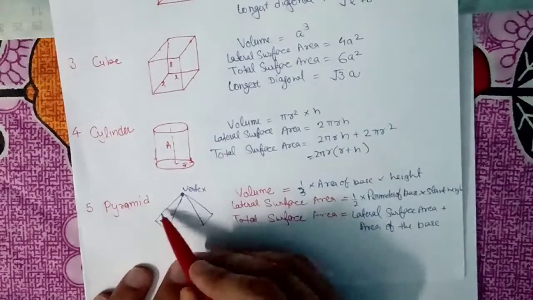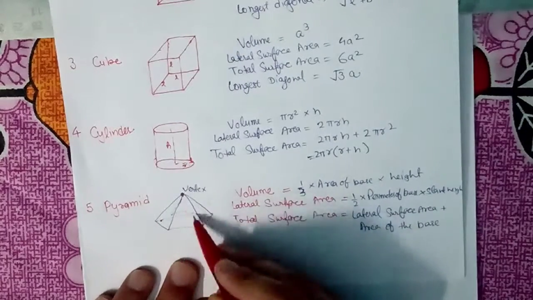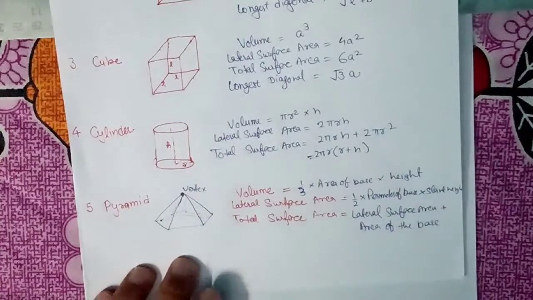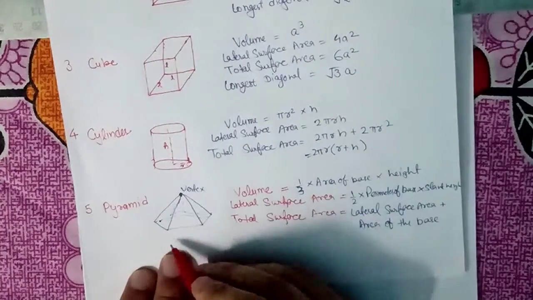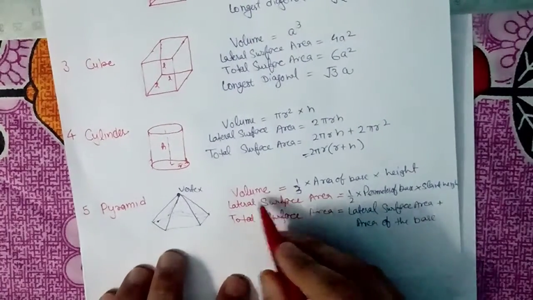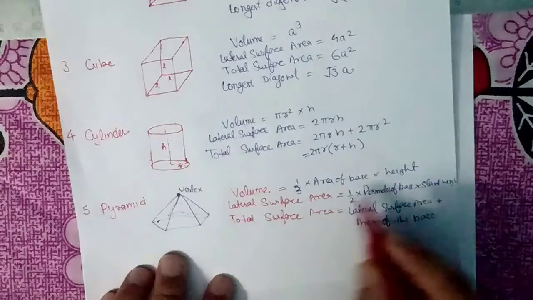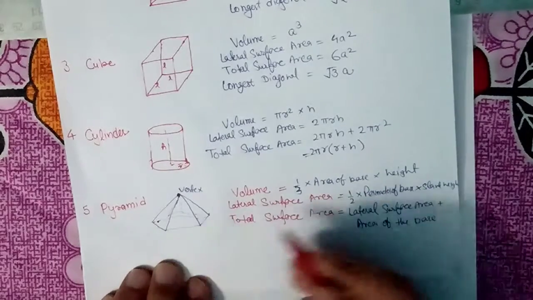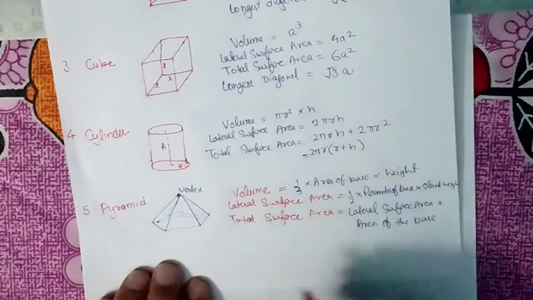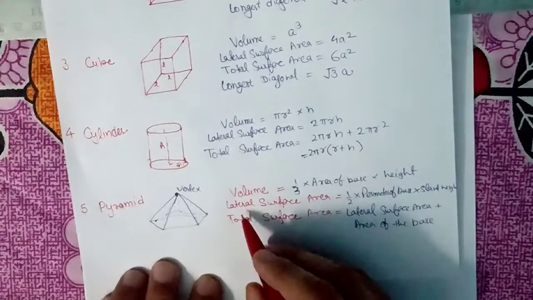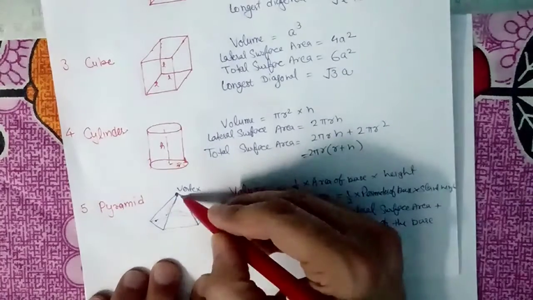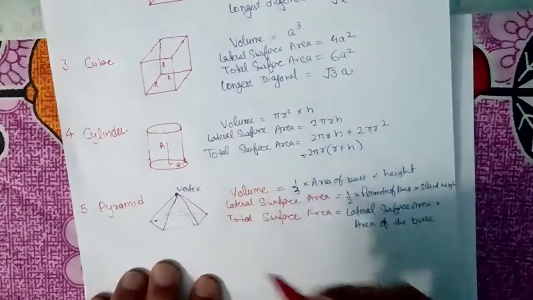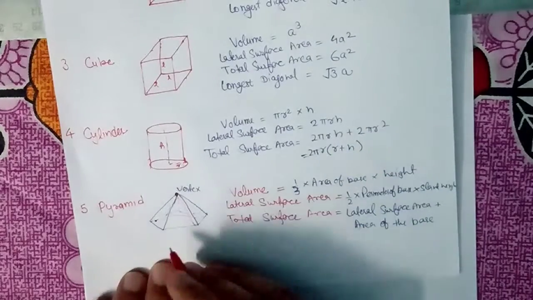If we have a pyramid, this is a triangular pyramid, we can have any type of pyramid. In a triangular pyramid, the volume is equal to 1 by 3 into area of the base into height. The lateral surface area is 1 by 2 into perimeter of the base into slant height. This is known as the slant height. This is a general formula.